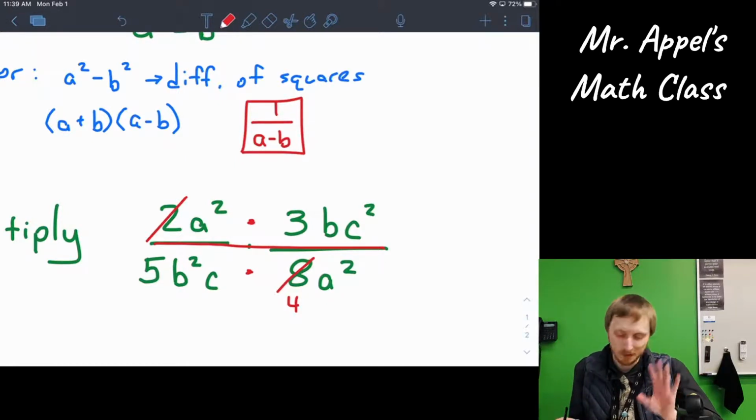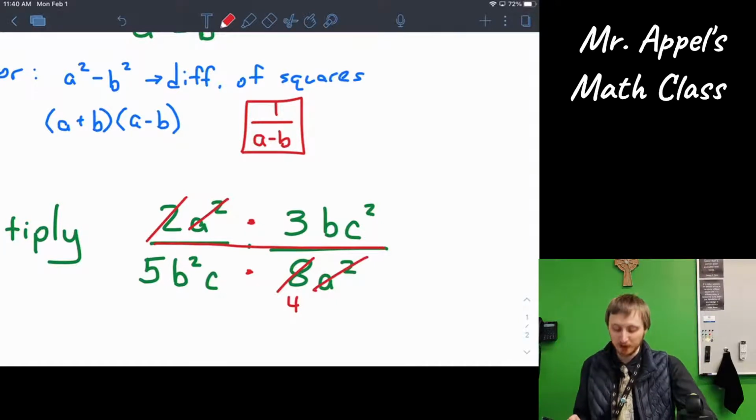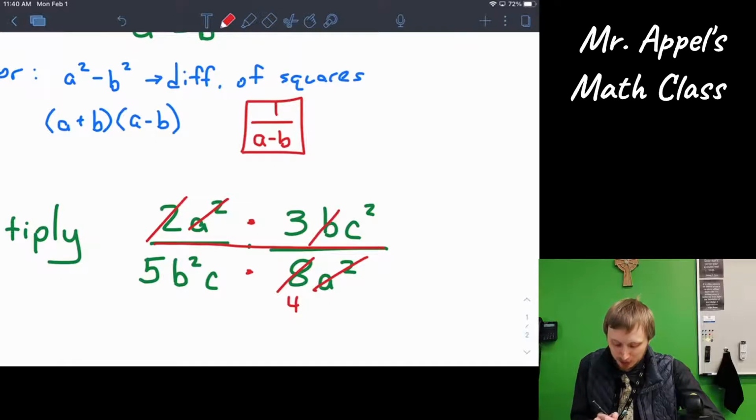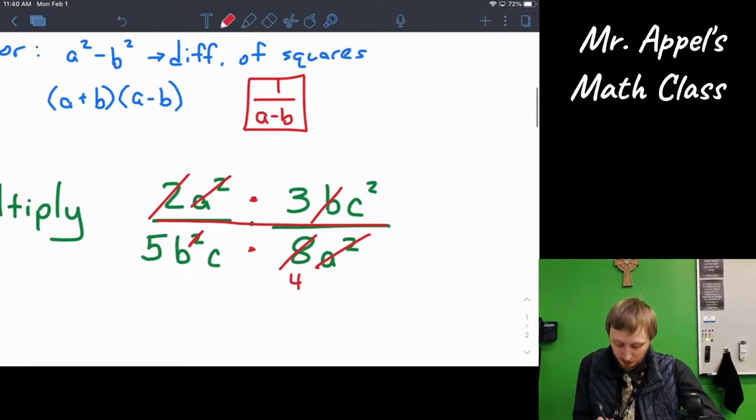So we're left with a 3. It's fine. Oh, I see a squared and a squared. Look at that. Exact same thing. I see one instance of b. This is b squared, so I only cross out the squared. I still am left with a b on the bottom. Your exponent rules, right? b divided by b squared. This is b to the 1. 1 minus 2 is negative 1. b to the negative 1 is 1 over b.